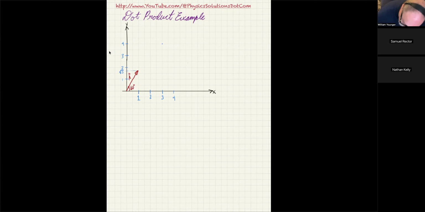So now this other vector is going to be a vector from here to here, and that's vector B. And of course, this angle right here has to be, excuse me, it's 90 minus 36.78. So that's 53.22 degrees roughly.